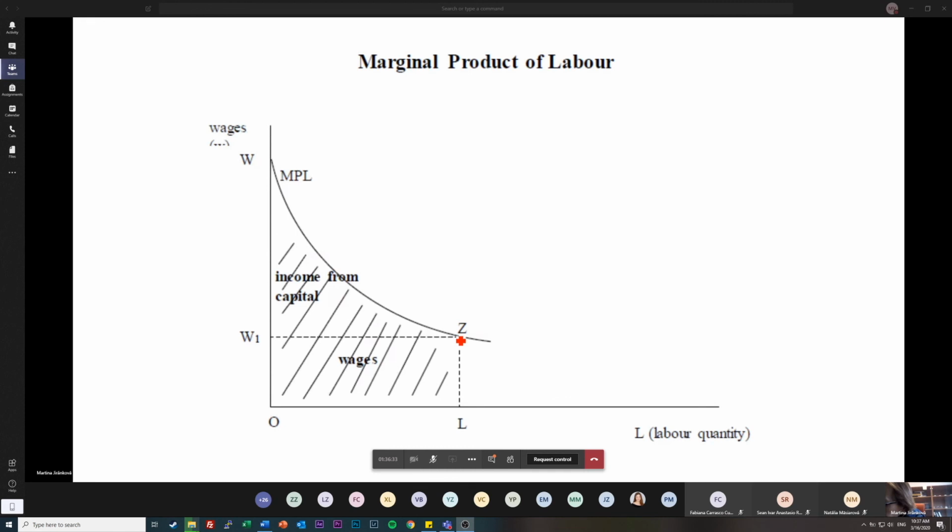Right? So if we decrease the number of workers to 200, it will be only 1/5. You can see that according to the marginal product of labor, their wage will be much higher, because there will not be many workers, so they will have a very high marginal product, about here.